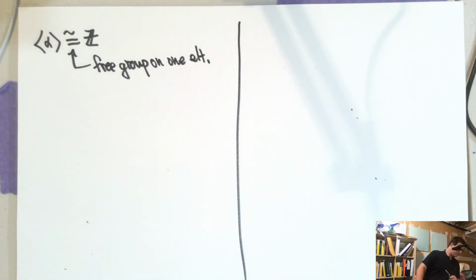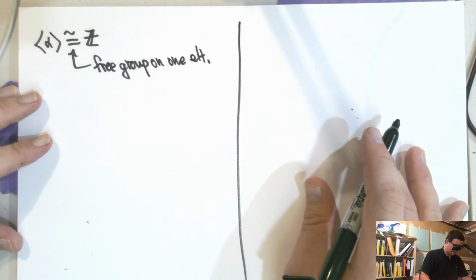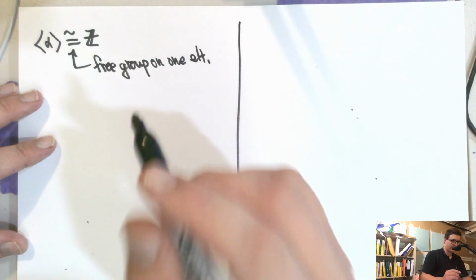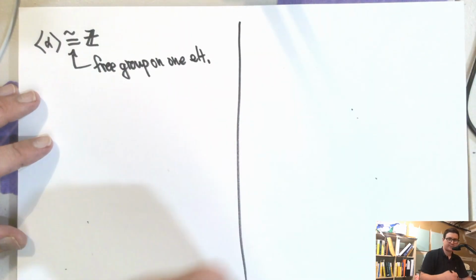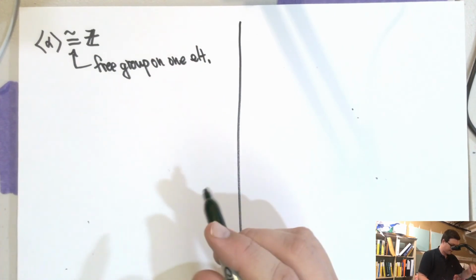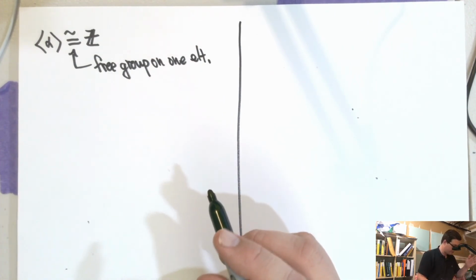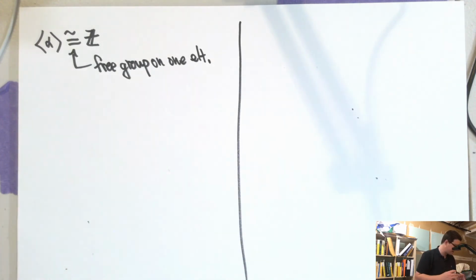Let me just clarify things. If I raise alpha to a power, it just means alpha concatenated with alpha. I'm using the multiplication operation of star, and I'm just not writing it down every time.